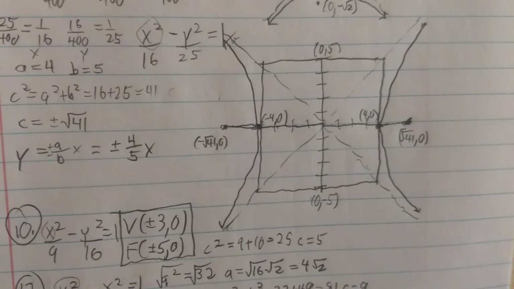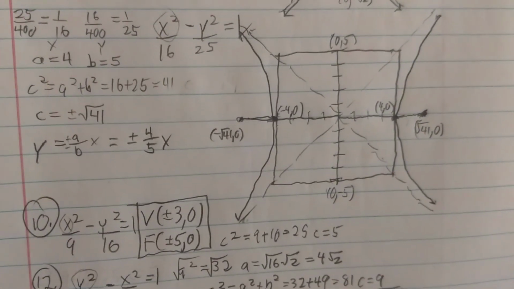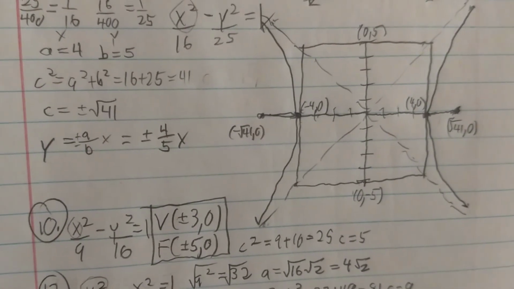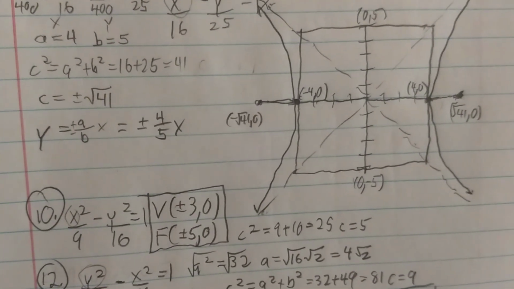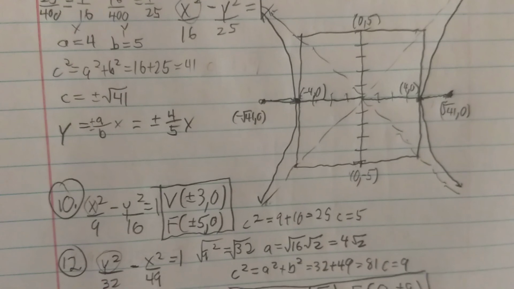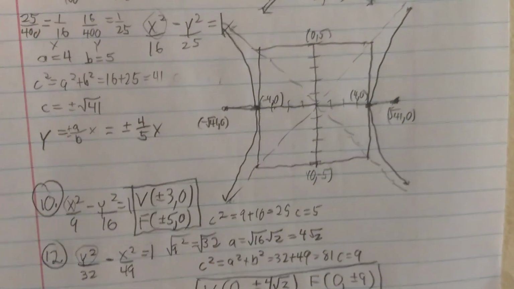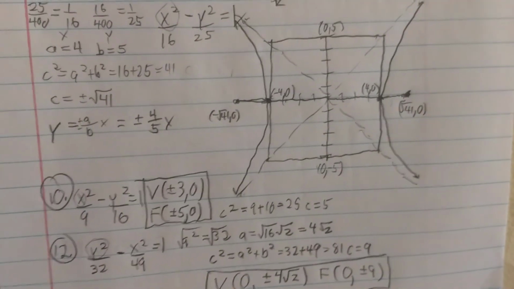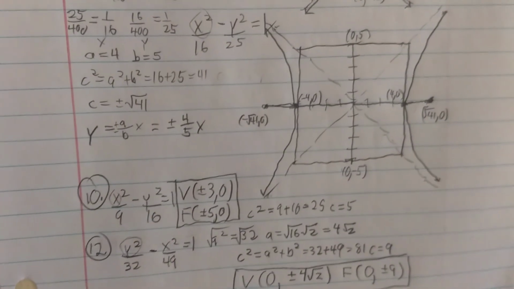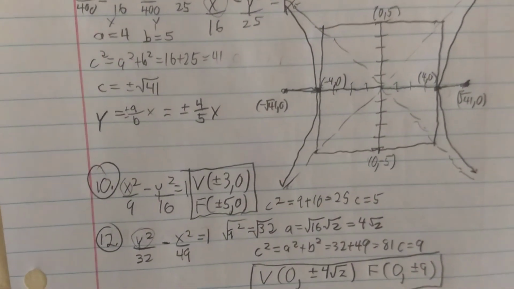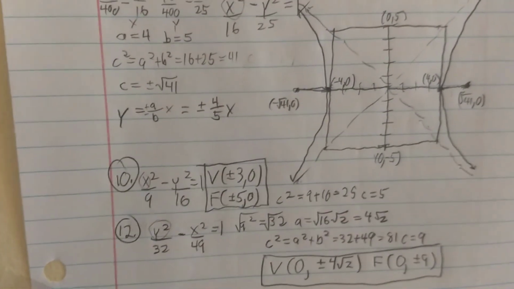Now a equals 4 because a squared equals 16, and b equals 5 because b squared equals 25. So c squared is equal to a squared plus b squared, or 16 plus 25 equals 41. And so c is plus or minus the square root of 41. And the asymptotes again are b over a, not a over b. So it's 5 over 4 x, excuse me for that.